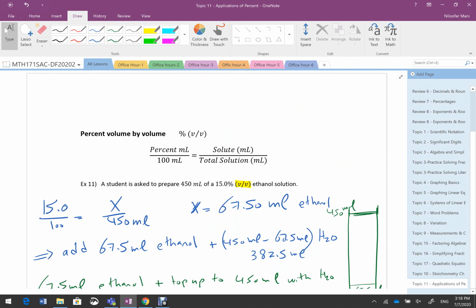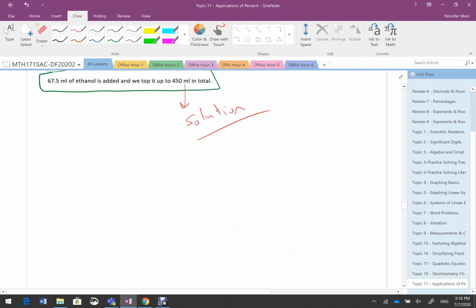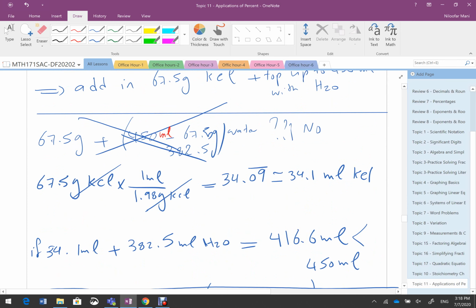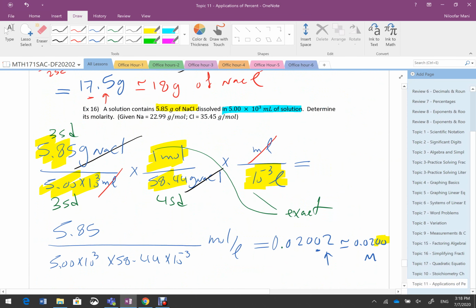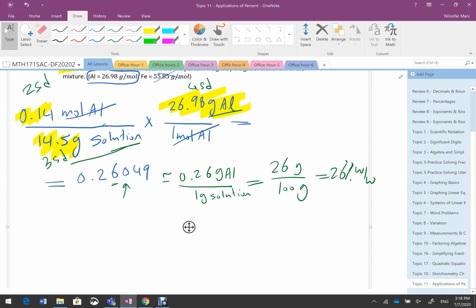Here, how many milliliter over 100 milliliter of solution. Here, how many weight over 100 milliliter of solution. 100 unit of volume of solution. And you can see this. So when you find the answer in percentage, okay, if the answer is not in percent, then you can change it to percent.